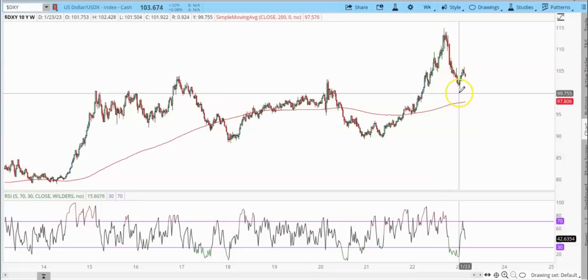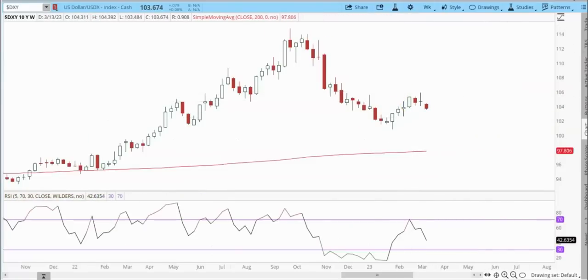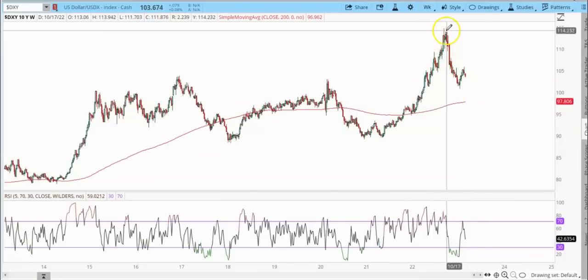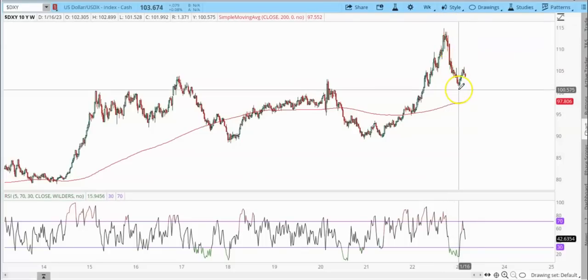And so let me zoom in here a little bit. Oh, and before I do that, I might mention that generally when price gets stretched extremely far above or below the mean, then you'll get a regression event. That's what's happening here in the dollar.